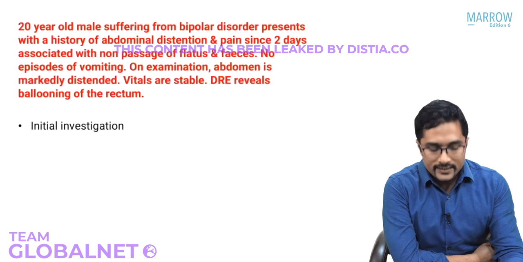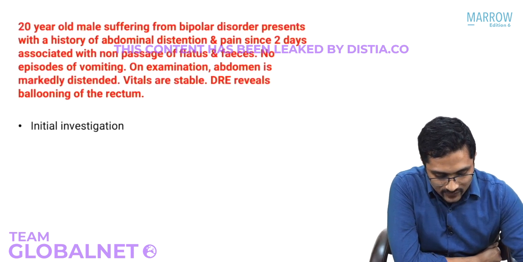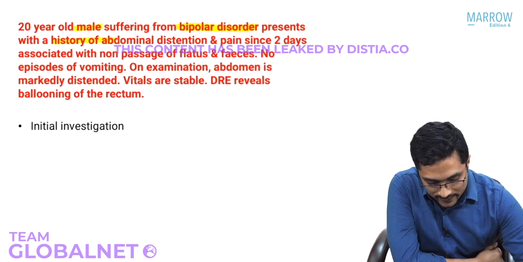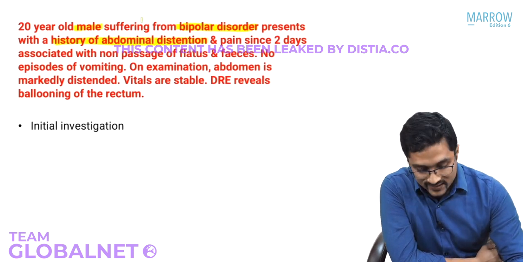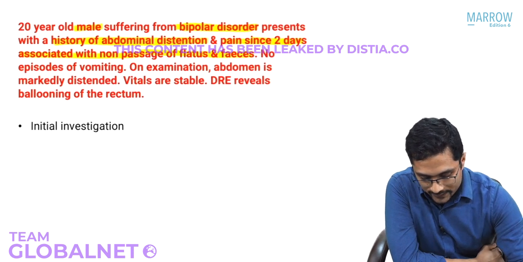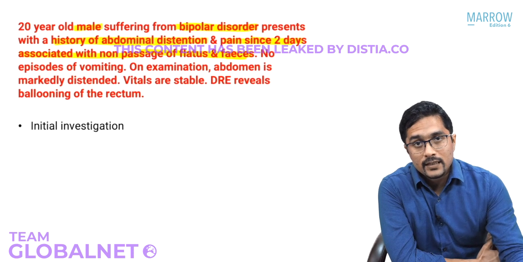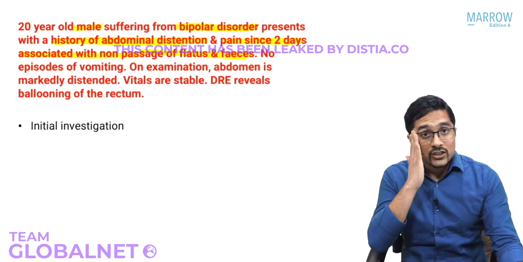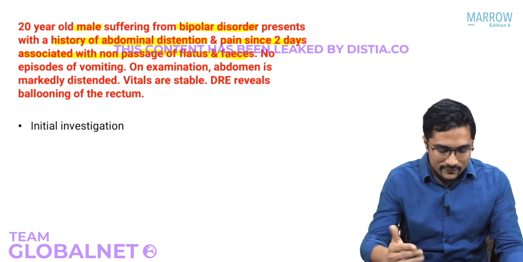The next scenario is a 20-year-old male suffering from bipolar disorder, who comes with a history of abdominal distension and pain since 2 days, associated with non-passage of flatus and feces. Again, the cardinal features of bowel obstruction are there: abdominal distension, non-passage of flatus and feces.